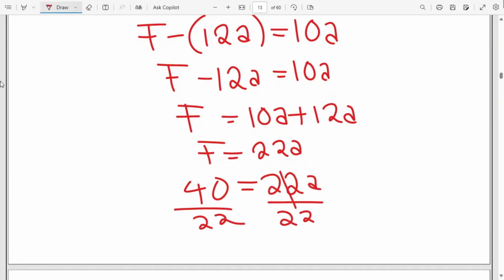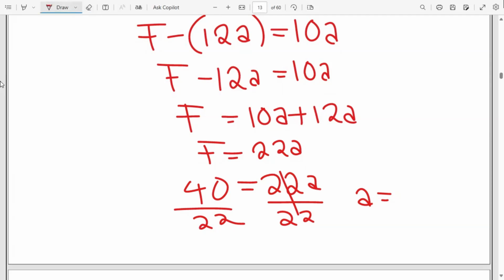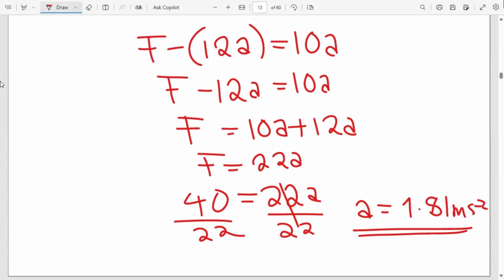Our acceleration will be equal to 40 divided by 22. This is 1.81. So acceleration will be equal to 1.81 meters per second squared.